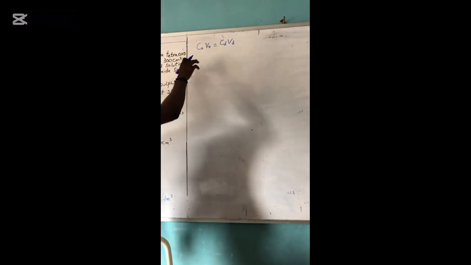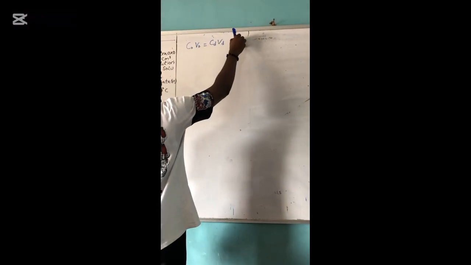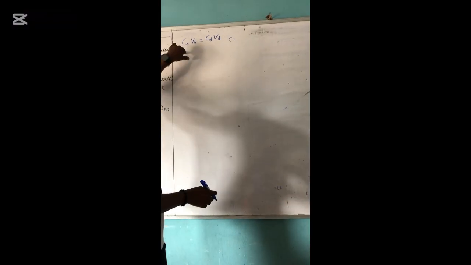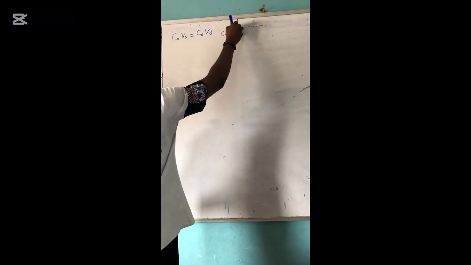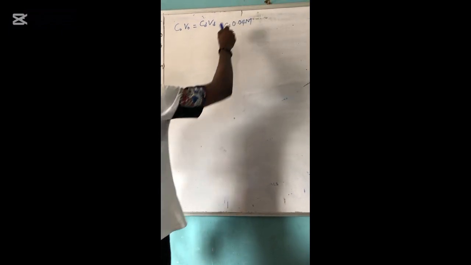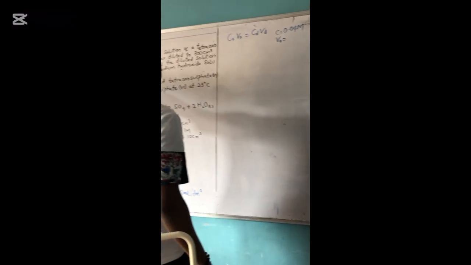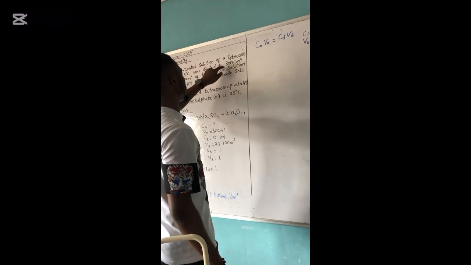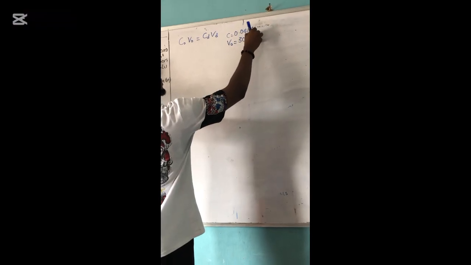The concentration of the original solution, CO, is the CA we just got, which is 0.04 molar. The volume of the original solution was 30 cm³, and that was diluted to 300 cm³, so that's 300 cm³.